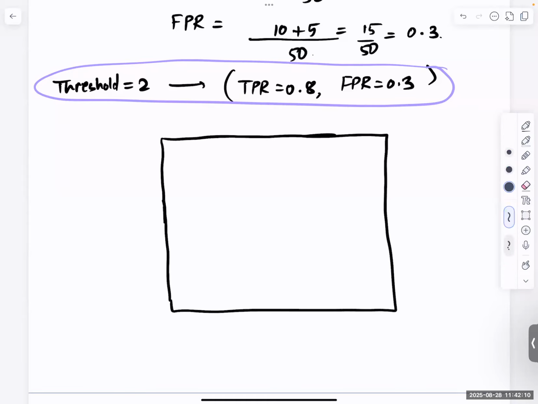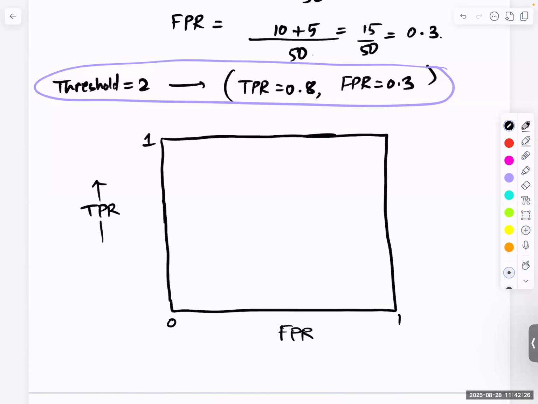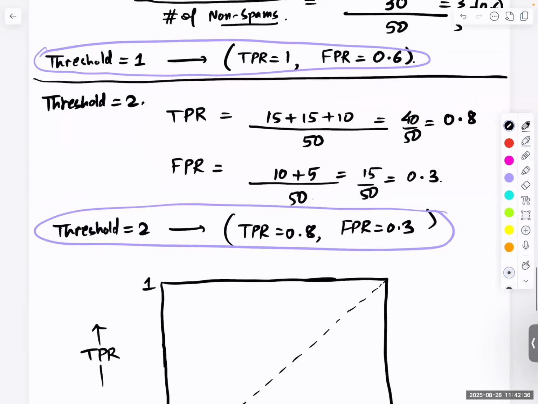So remember, this was my FPR going from 0 to 1, and this was my TPR going from 0 to 1. Okay. And I can actually plot all of those things. So remember, this was my random guess line. If I pick threshold of 1, so threshold of 1 had TPR of 1 and FPR of 0.6.